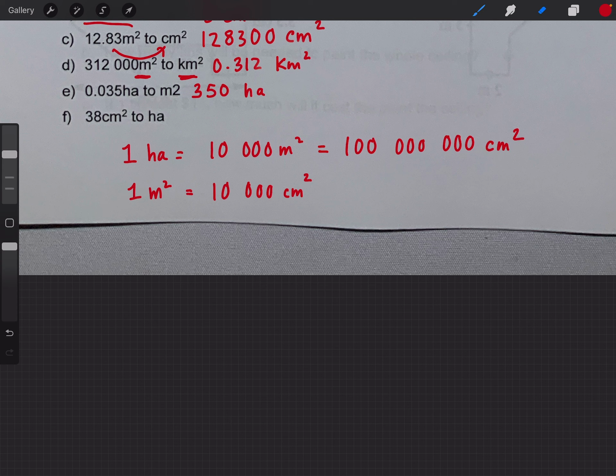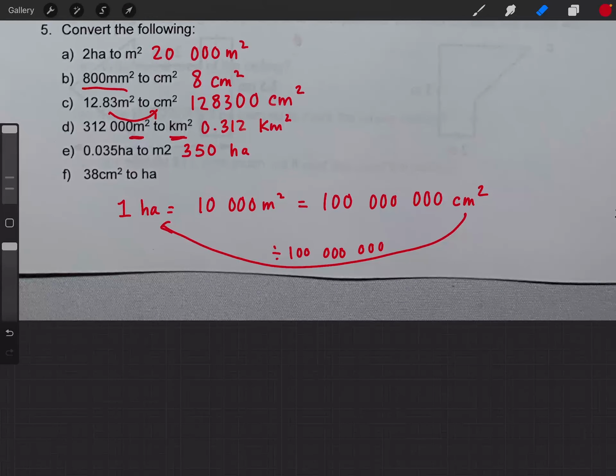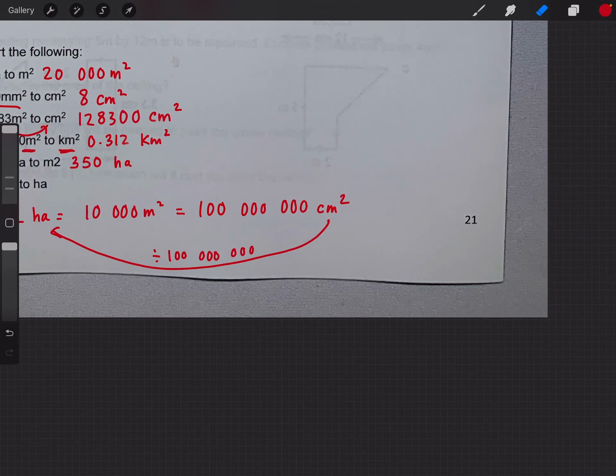Okay, so this is a very big conversion. If you want to go from centimeter squared back to hectares, you have to divide it by 1 with 8 zeros. That's a big number. Right. So we got 38. Let's just write 38 here. Now decimal place is right here.